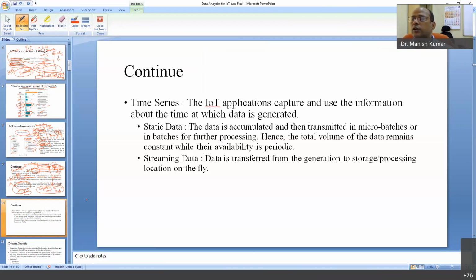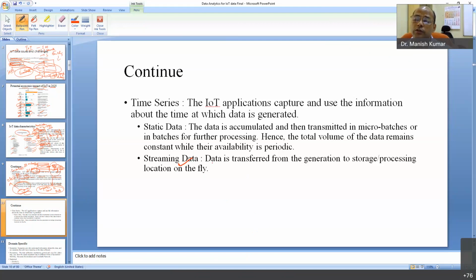This action is very much dependent on time. You might be interested in switching off the bulbs and fans at time t, but not at time t1. So the data we require is bound with time, and actions depend upon time. Action may vary with the same data over time.